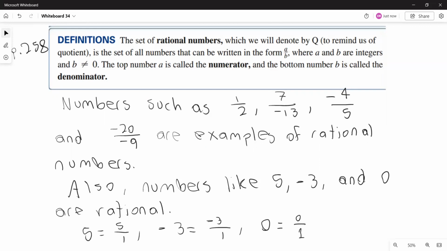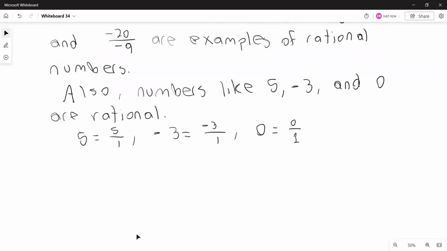Okay, so we can write the same rational number in different ways. Like 1/2, we can write it as 2/4, or 3 over 6, or 5 over 10. So we need to define when two rational numbers are equal.